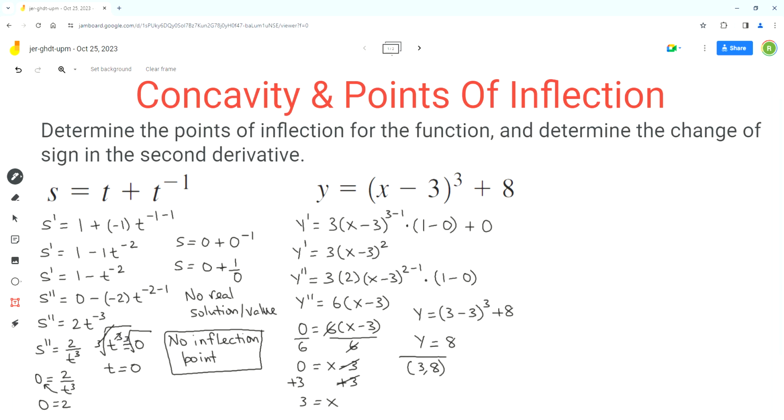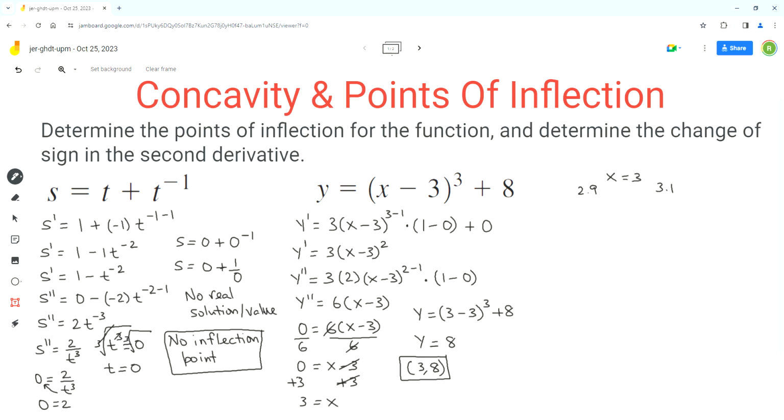So now we can answer the second part. Now we have to find the change in sign of the second derivative. So let's start with the left side. So the inflection point is at x equals 3. So on the left side, we can use a test value 2.9, and on the right side, we can use the test value 3.1.